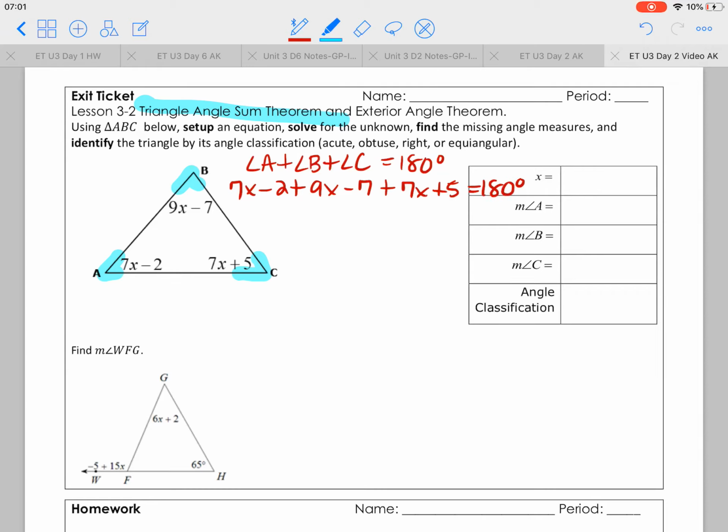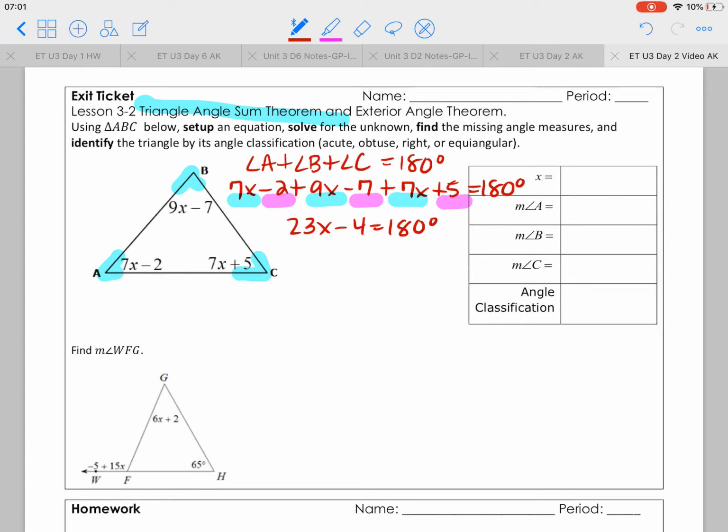In order to solve this equation, we need to combine like terms. 7x plus 9x plus 7x gives me 23x. Now I have to combine the constant terms. Negative 2 minus 7 is negative 9, plus 5 is negative 4, equals 180 degrees.